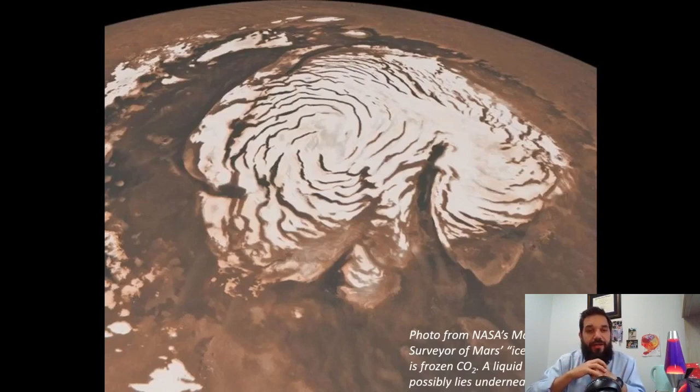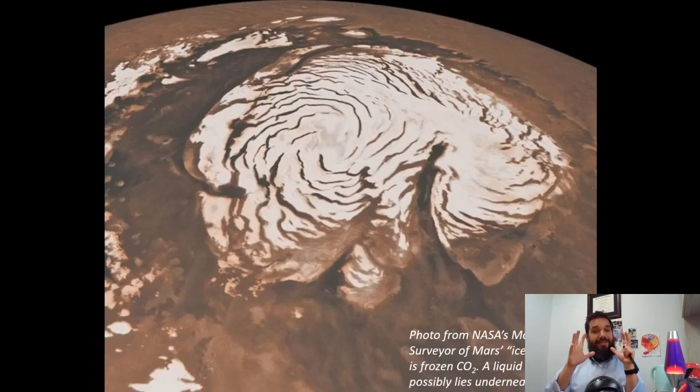So actually we see that these polar ice caps have a thin layer of CO2, basically dry ice, on the surface, but underneath there is H2O ice, ice made of water. So there is water on Mars. I shouldn't say water, but H2O ice on Mars.